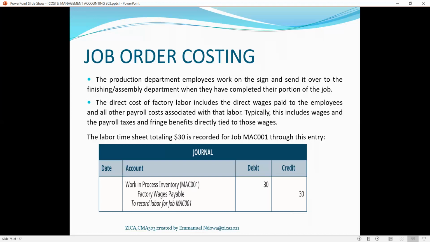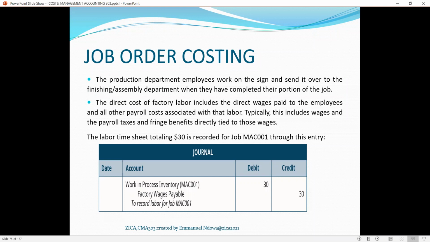So the direct cost of factory labor includes the direct wages paid to the employees and all other payroll costs associated with that labor. Typically, this includes the wages and the payroll taxes, fringe benefits directly tied to those wages. So you can actually see that, yes, you've got the net wages that are going to be paid to the workers.